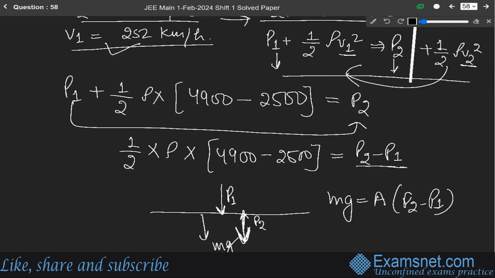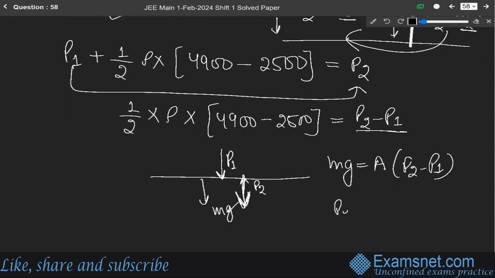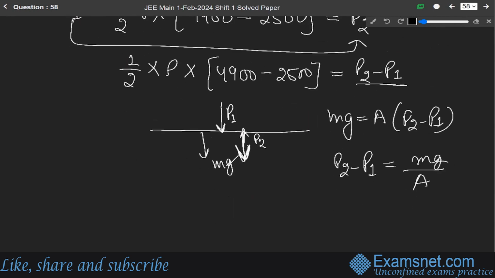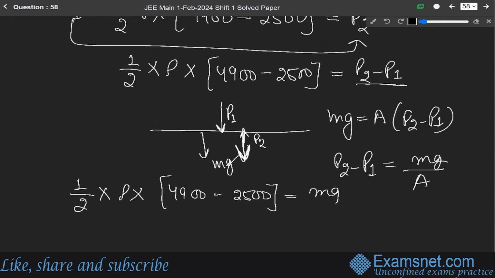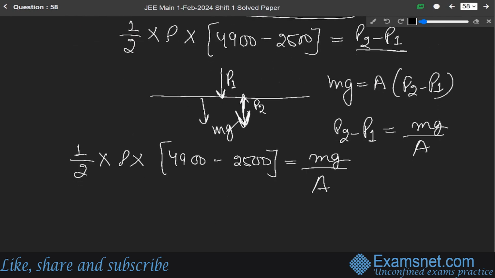So P2 minus P1 is equal to mg over A. So this half into rho into 4900 minus 2500 will be equal to mg over A. This density rho is 1, so we write 1 by 2 into 1 into 2400 equals to m into gravity 10 over A.